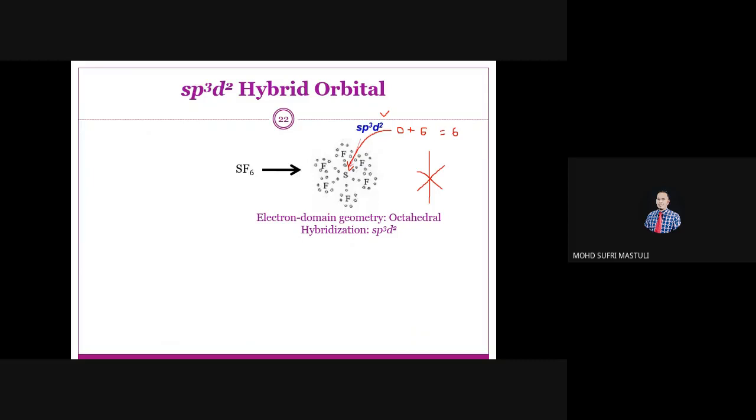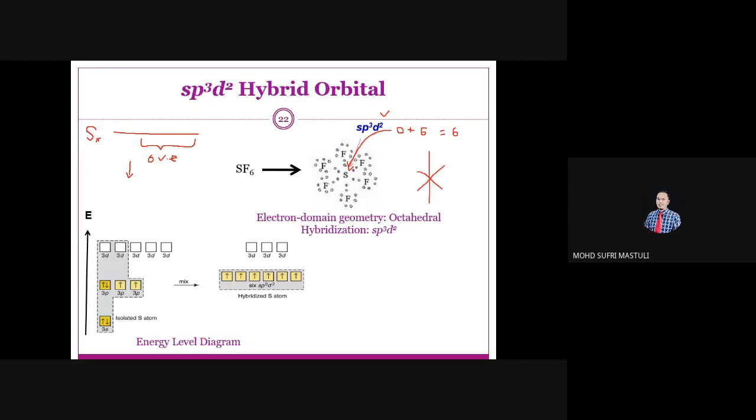So from the periodic table, identify the total electrons of sulfur, and then write the electron configuration, then identify the outermost orbital, and you can get 6 valence electrons. With these 6 valence electrons, you can complete the energy diagram.